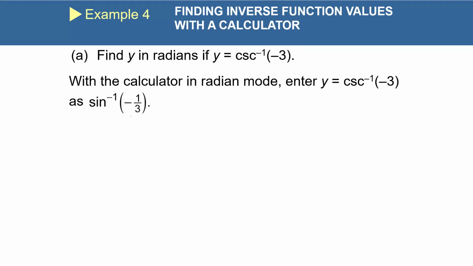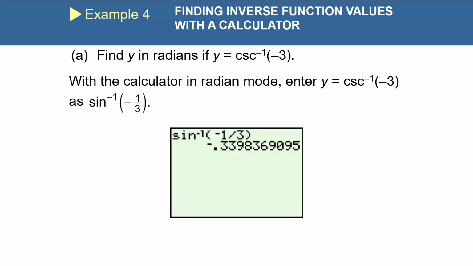So it's 1 over that decimal, right? Okay. So this is what we're inputting in the calculator. So we then would put in sine inverse of -1/3. And that's going to equal our cosecant inverse. Okay. So we go to the calculator and we type it in. And we get our value. If you did not get that value, make sure that you're in radian and not in degree mode.